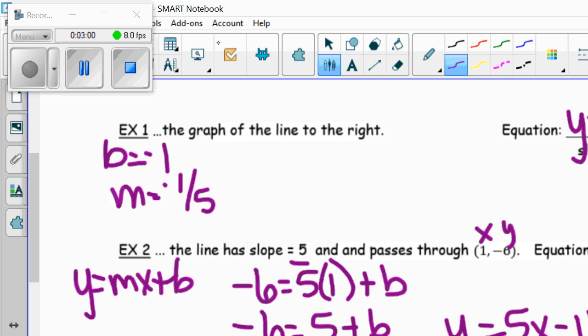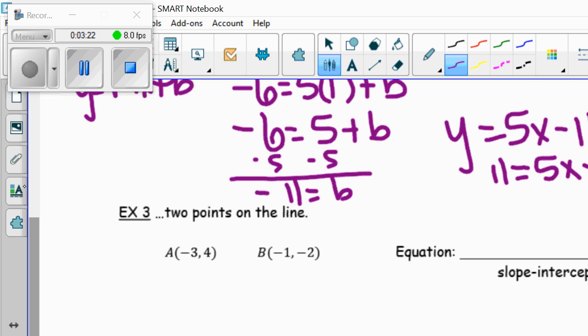Sorry about that. 5x - y = 11. So if I made them change places, I've got 11 = 5x - y, but then by the symmetric property, I can trade places. 5x - y = 11. Okay.